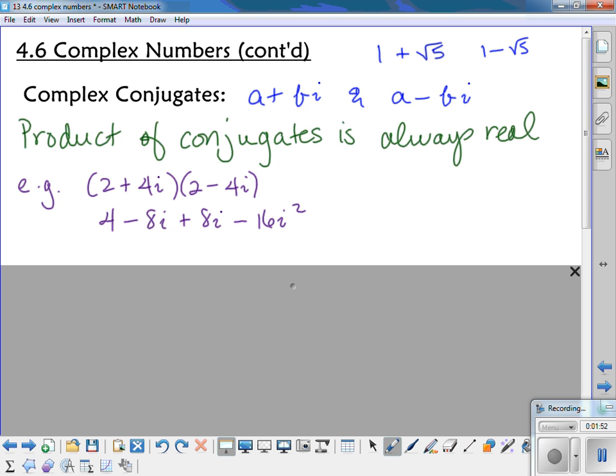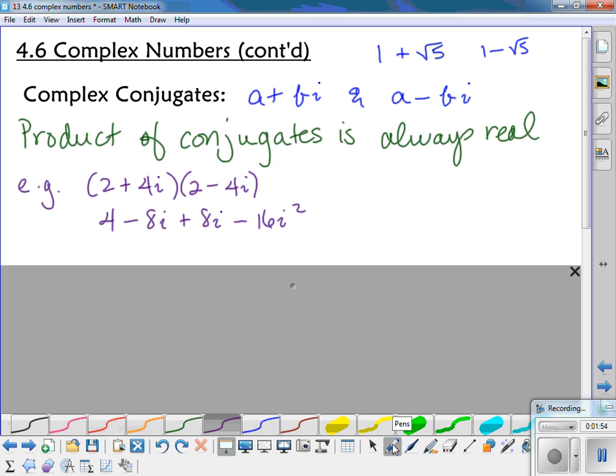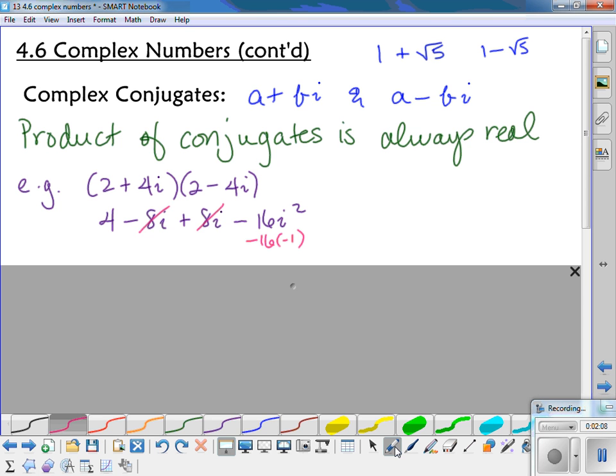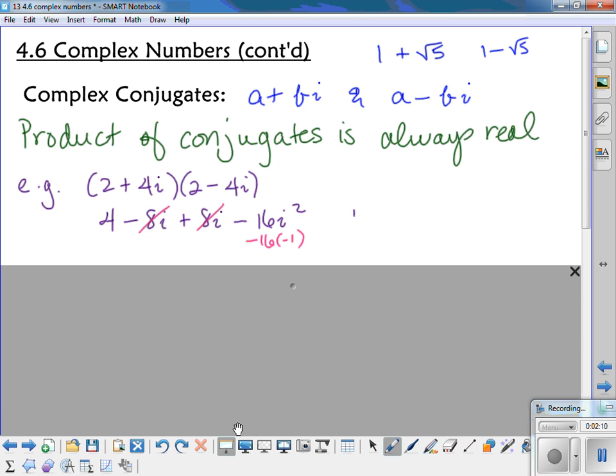So now you can see how, because you've got that sum and difference pattern, your middle terms drop out. And what happens with that negative 16i squared? It becomes a positive because that's like negative 16 times negative 1, right? So we end up with 4 plus 16, and so it equals 20.